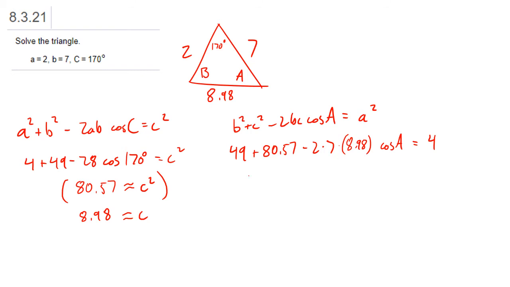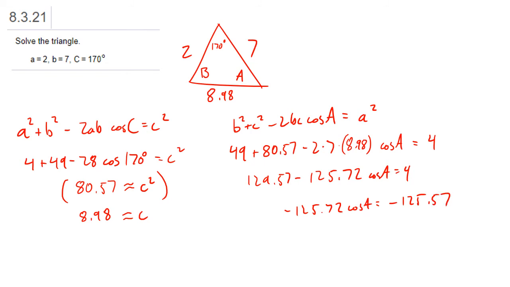So we end up with 129.57 minus 14 times 8.98, 125.72, cosine of A equals 4. Okay, so I subtract 129.57, negative 125.57. Sorry, that's not quite true.